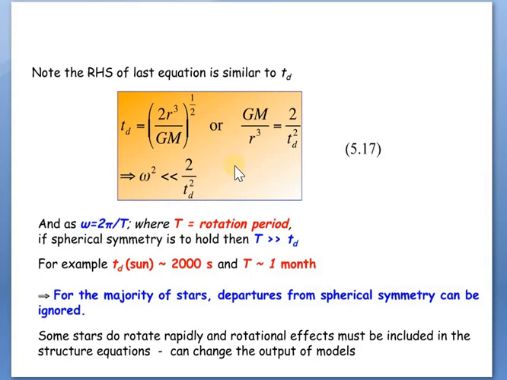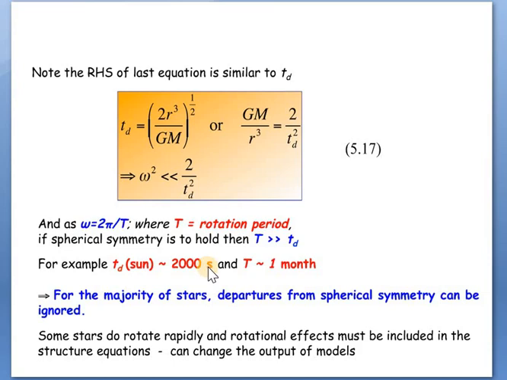Now for our sun, this dynamical time scale is of the order of half an hour or so, and the rotation period, this t, is of the order of 1 month, and you can find easily that we have this relation, right? T is 1 month and Td is of the order of half an hour or so.